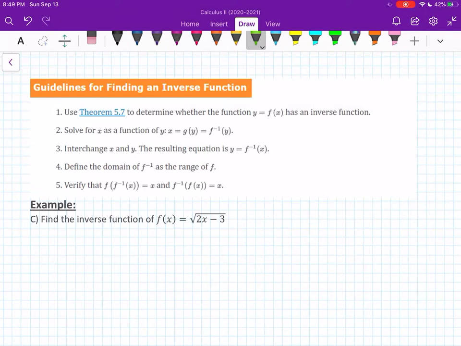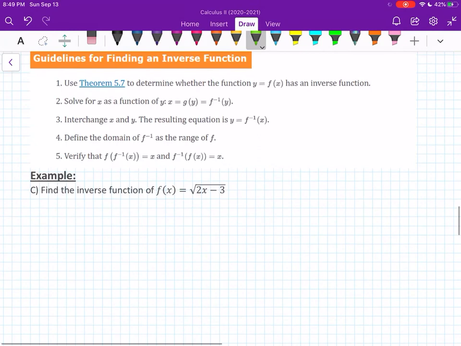Find the inverse function of the square root of 2x minus 3. The first thing I want to do is make sure it has an inverse function, so let's graph this puppy. I like to use transformations when I graph. If I factor out that 2, I get x minus 3 halves, which means I have a horizontal compression by 2 and a shift right by 1.5.